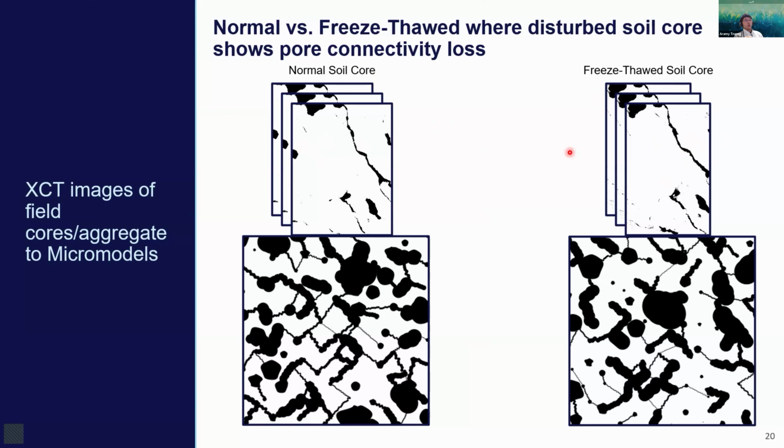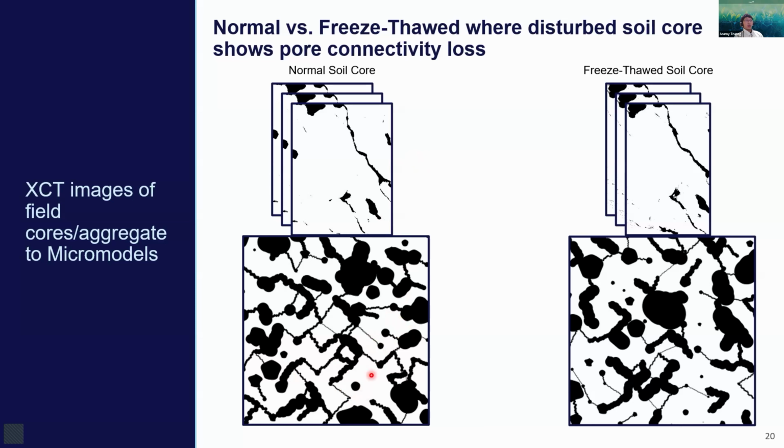And so we thought, what would happen if we ran Pore-to-Chip on these different aggregates? And you can see on the bottom left, this is a representation of the normal soil aggregate. And you can generally see it's a well-defined structure. There's a lot of connections, very few singly connected pores or lone pores.